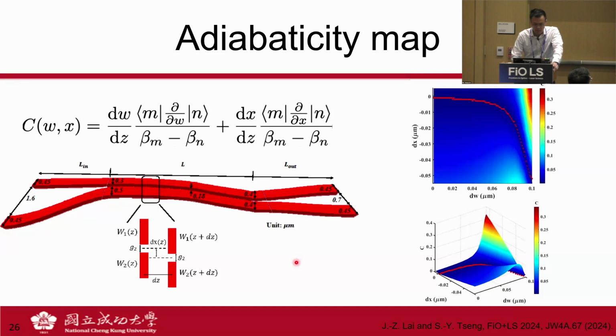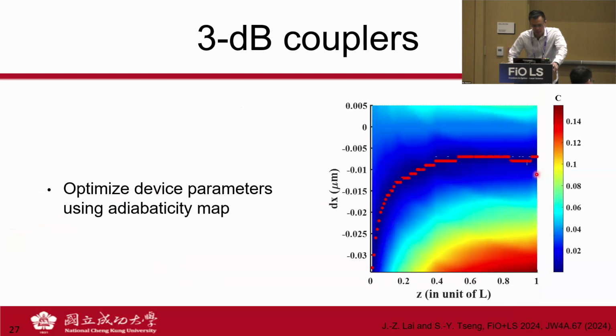And so we can plot the adiabaticity parameter as a function of two design parameters. One is the shift here, and one is the width here. If we look at the map, we can find a path on the map which gives you the smallest adiabaticity parameter along the evolution. And that gives us a very good design. So here's a design example using this.